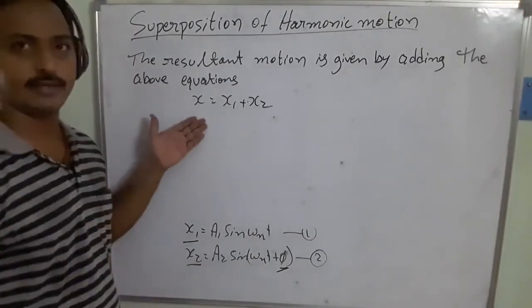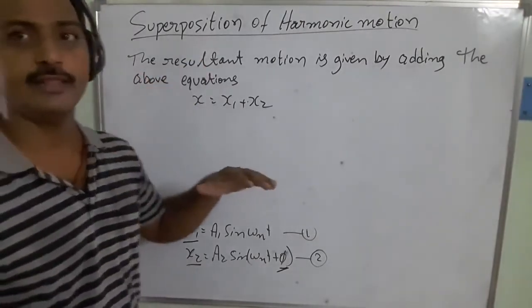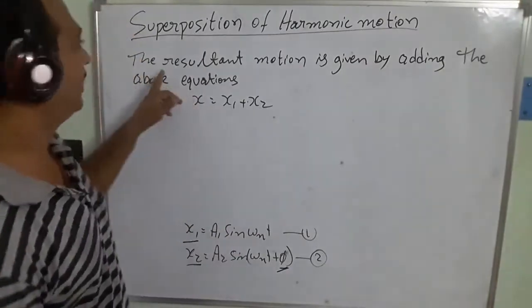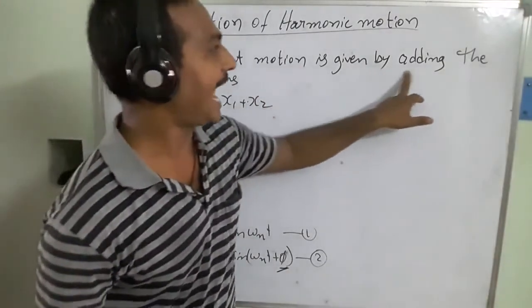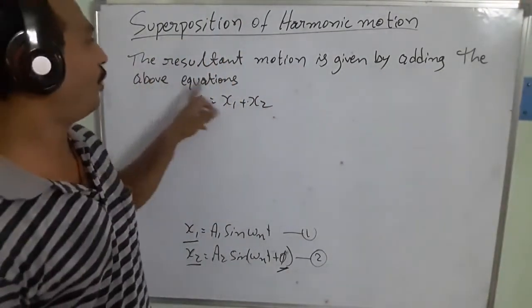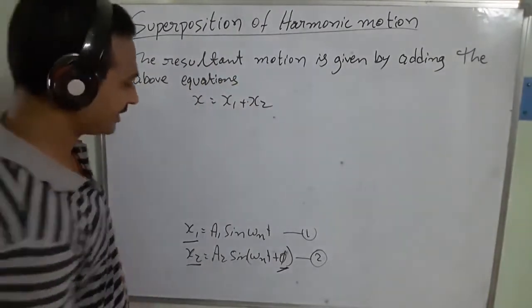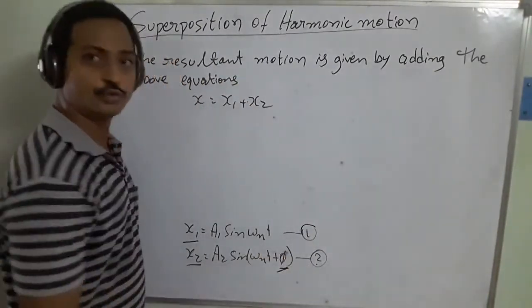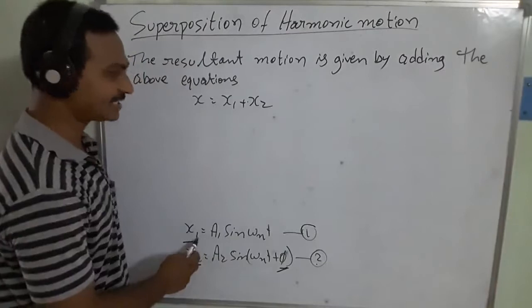After saying that, the resultant also will be a harmonic motion. The resultant motion is given by adding the above equations, x1 and x2.